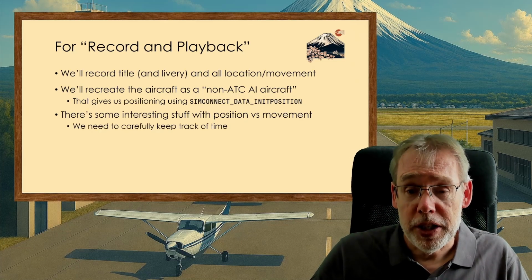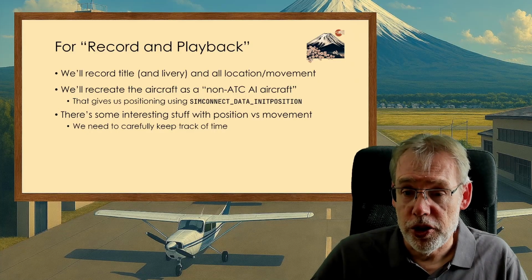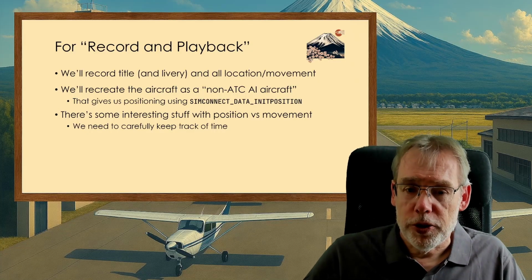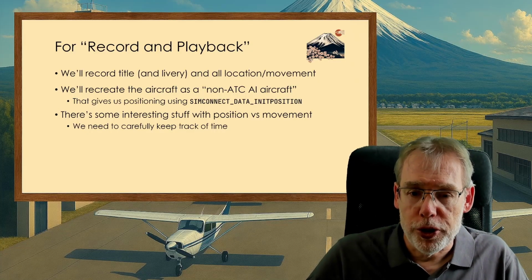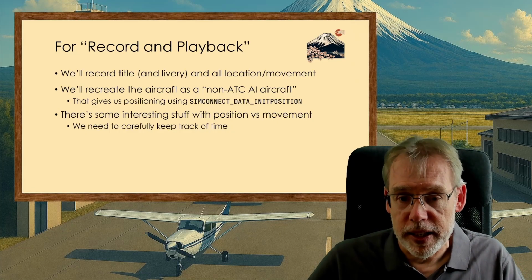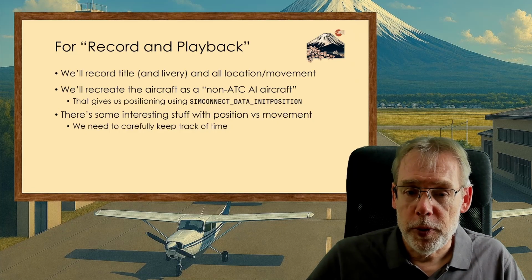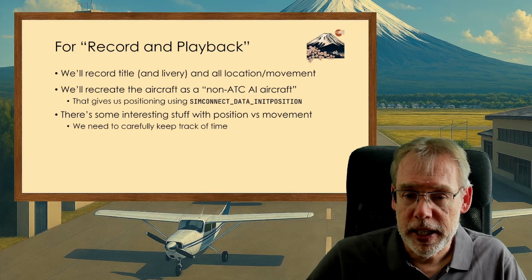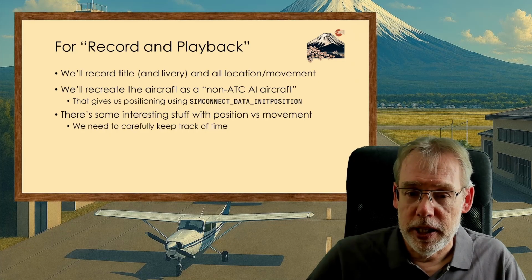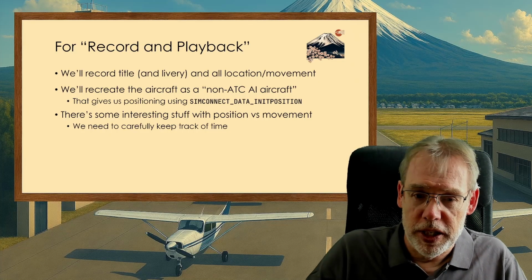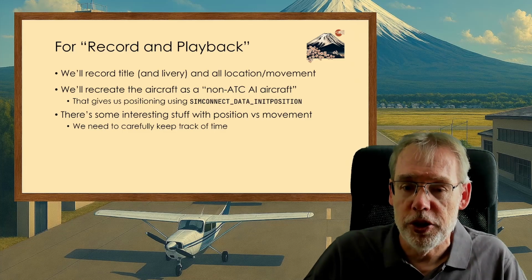And there's some interesting stuff here you can do with position versus movement, because of course we want to make sure that when we recreate the aircraft, it moves at the same speed. If we just play it back as fast as we can, it could be that we get something flitting across the airport and through the air at a much higher speed.